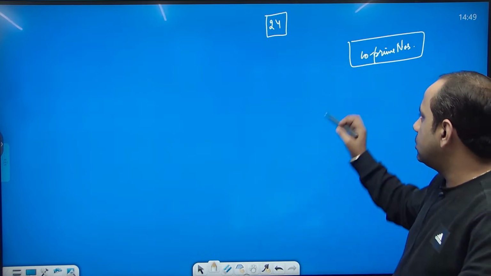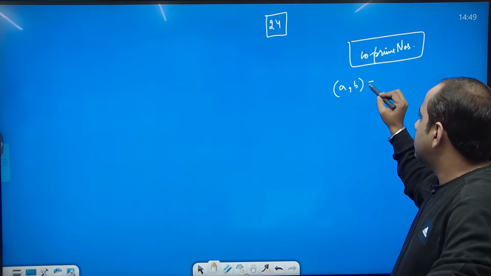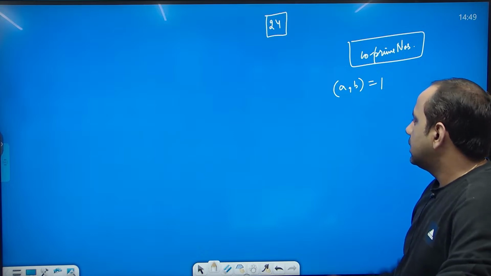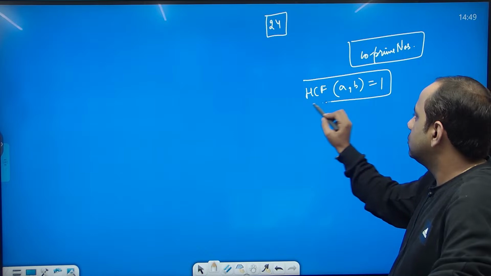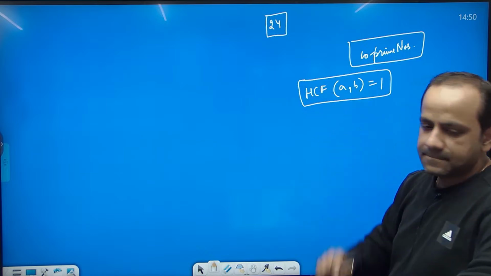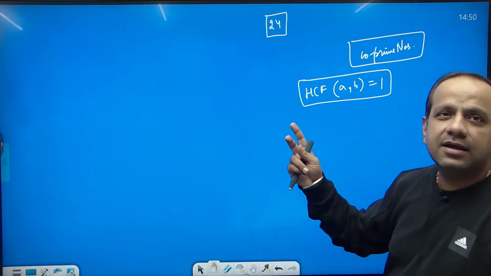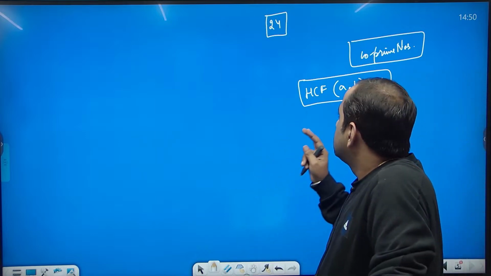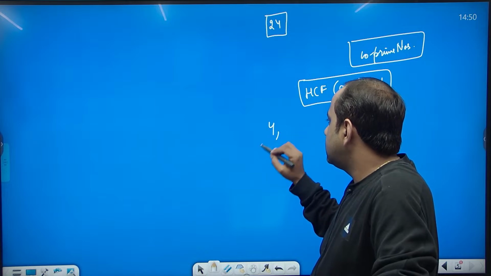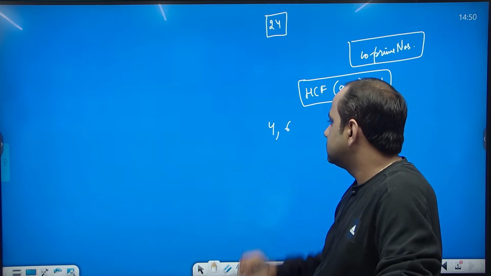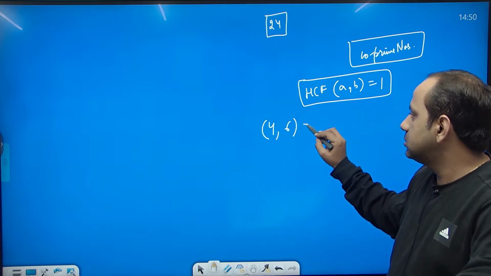We can say that 2 numbers A and B are coprime if the HCF of those 2 numbers is 1. You know what is HCF? Highest common factor. Or we can say that 2 numbers are coprime, like if I say 4 and 6, they are not coprime. We can take 2 common out of these 2 numbers.